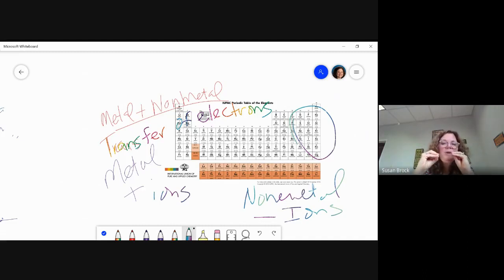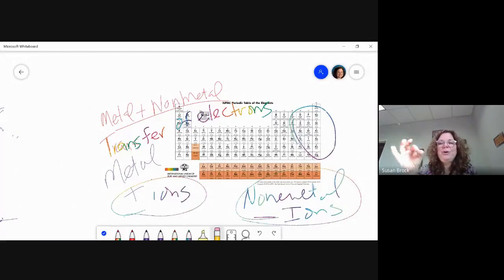So they form a negative ion by gaining more electrons, and since electrons are negatively charged, they become more negatively charged. So once the nonmetal takes the electron away from the metal, they become oppositely charged, and then they stick together because opposites attract.